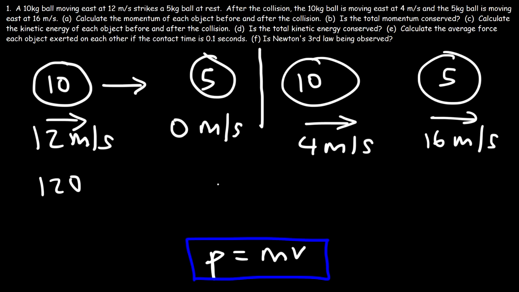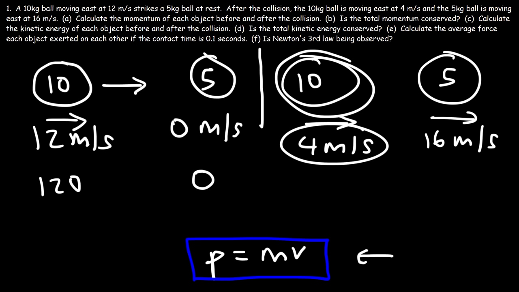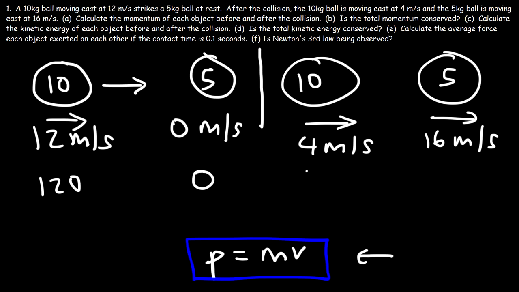And so using this formula, the momentum will also be 0. Now after the collision, the 10-kilogram ball has a speed of 4 meters per second. So 10 times 4 will give us a momentum of 40 kilograms times meters per second. Now the 5-kilogram ball has a velocity of 16 meters per second east. So 5 times 16 is 80.